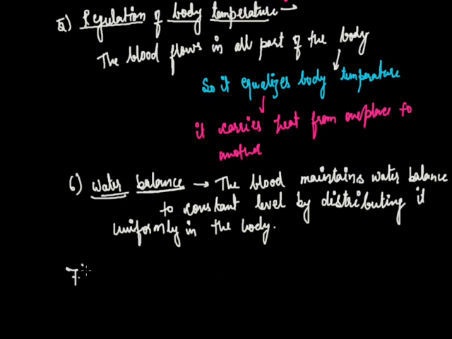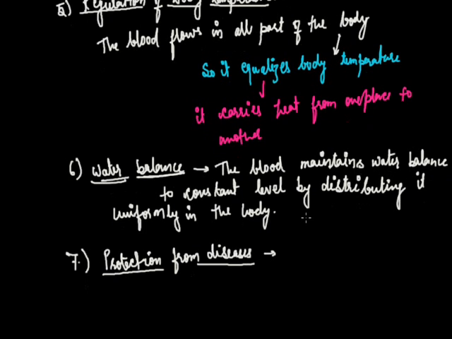The next function is protection from diseases. The WBCs engulf bacteria and other disease causing organisms by phagocytosis. WBCs, as we have studied, are a part of blood, the solid part of blood; we can say they are blood corpuscles.